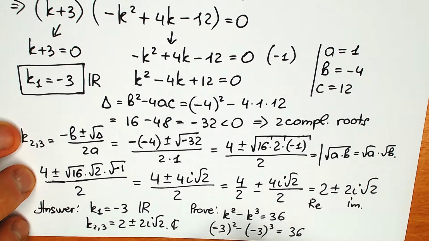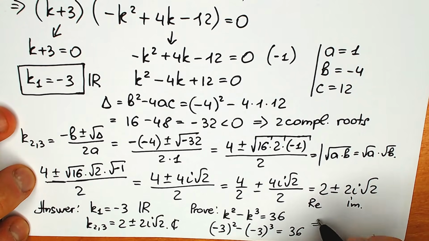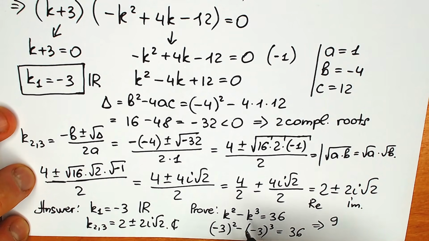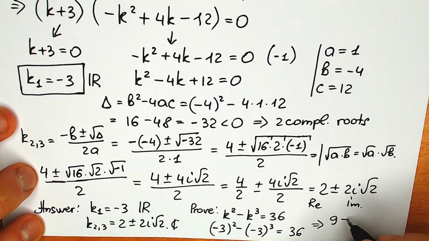And I hope everything is great, because (-3) square equals 9. So from here we have 9 minus, and with this minus, because right here we still have a negative sign because we have an odd power, so -3 times -3 times -3 equals -27. With this minus we have +27, which equals 36.